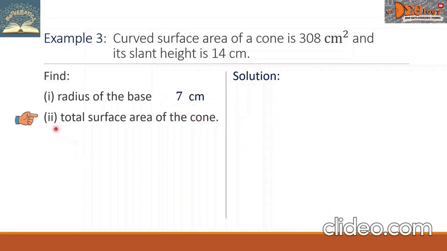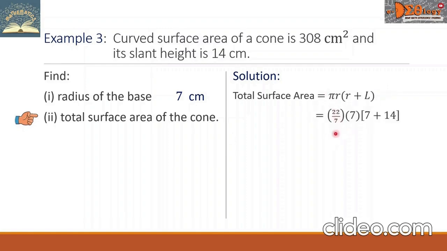We proceed to problem 2, total surface area. We write the formula for the total surface area. Then let us substitute the corresponding values. Pi is 22/7. Radius we derived as 7 times the quantity r plus l.